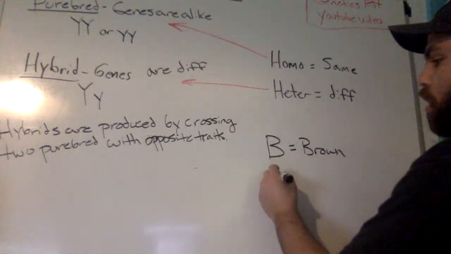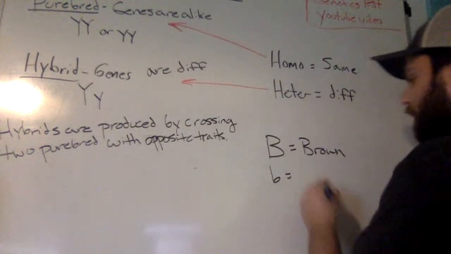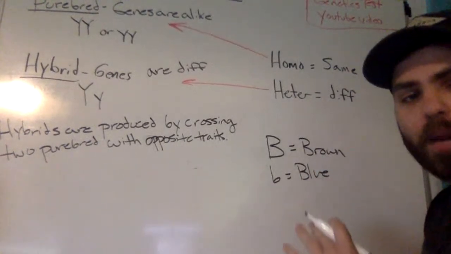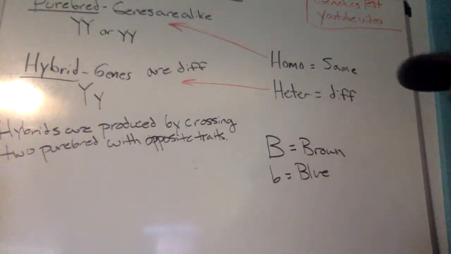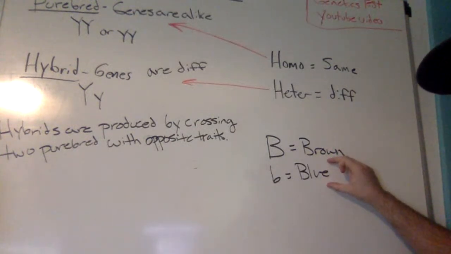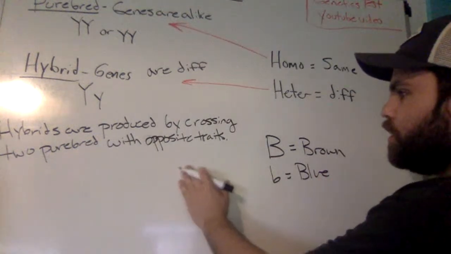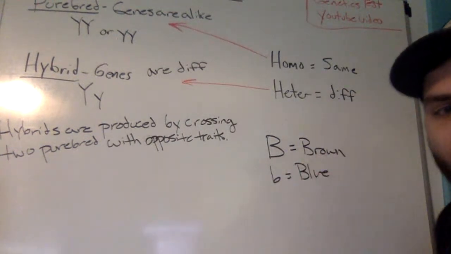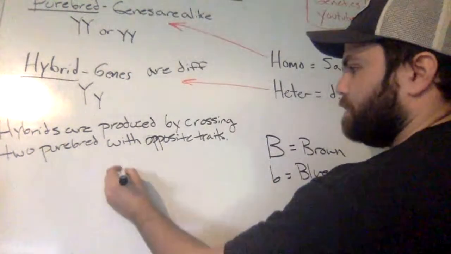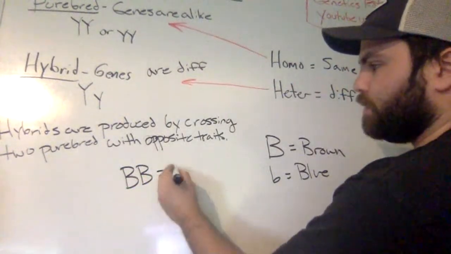Now, when we're talking about a recessive gene, it's probably going to be blue. I know there's a couple other colors, but in respect for this, dominant's going to be brown, recessive is going to be blue. Okay. Now, for those of you that have brown eyes, you can have big B, right? Because that's going to give you brown.